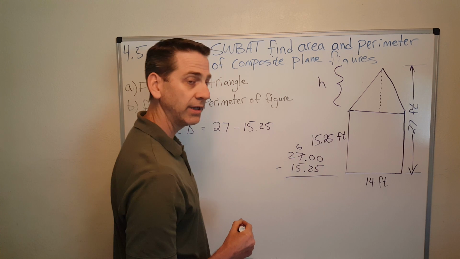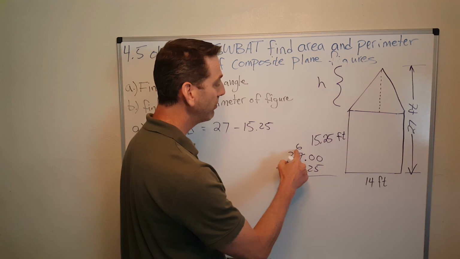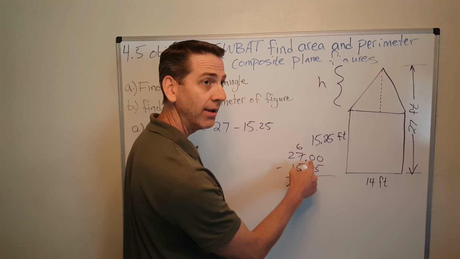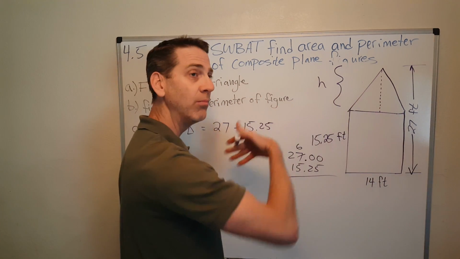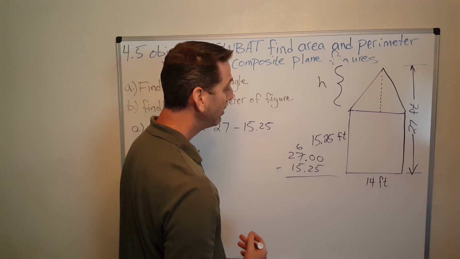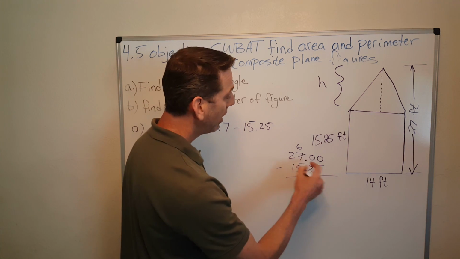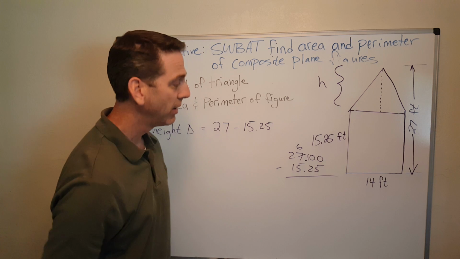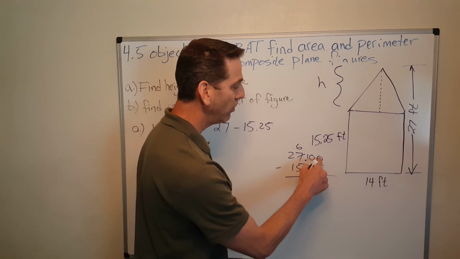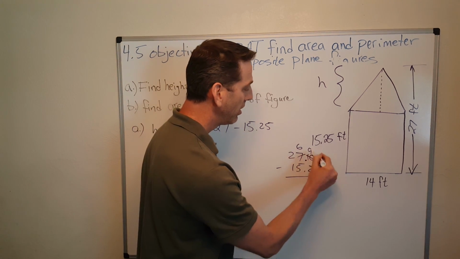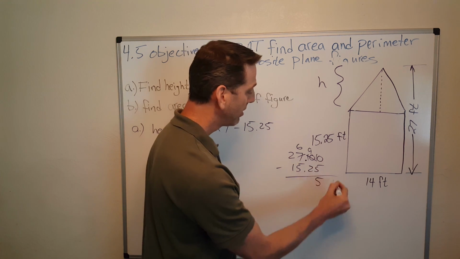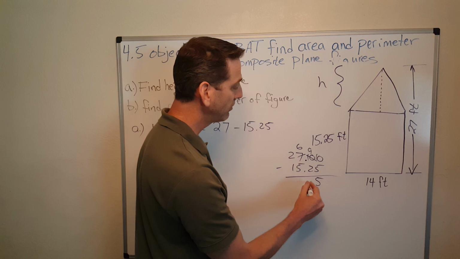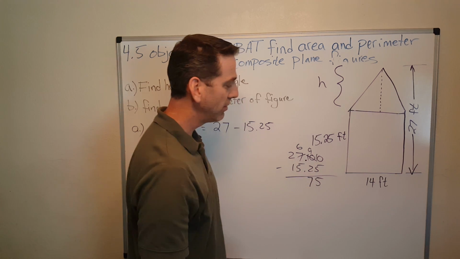It's going to turn into a 6. Borrowing 1 from him is actually 10 of this placeholder, because each place value is 10 more or 10 less than the one next to it. So that turns into a 10. 10 minus 5 is 5. 9 minus 2 is 7.